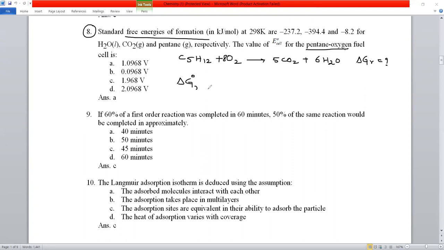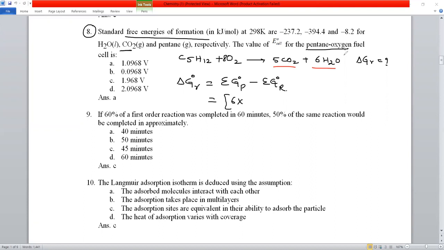Change in standard Gibbs free energy of the reaction equals the summation of the Gibbs free energy of products minus the summation of the Gibbs free energy of reactants. So the products are 5 moles of CO2 as well as 6 moles of H2O. What is the value for CO2?